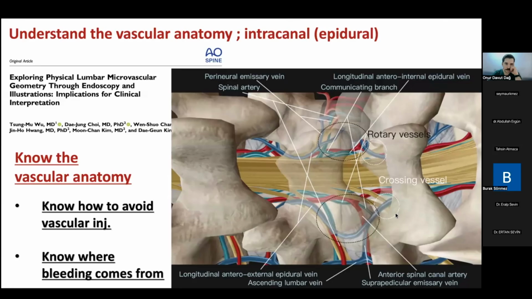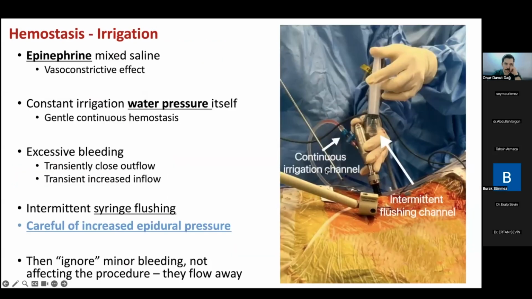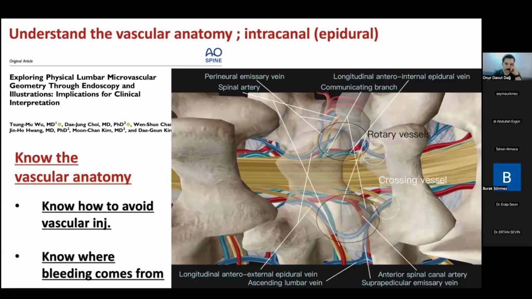So this is where you might expect venous bleeding as soon as you remove the ligamentum flavum and reach the lateral recess area. Once again, if we understand these intracanal epidural vascular structures and know the anatomy, you can know how to avoid them, and it becomes an expected bleeding, not an unexpected bleeding, which means it's easier to control.